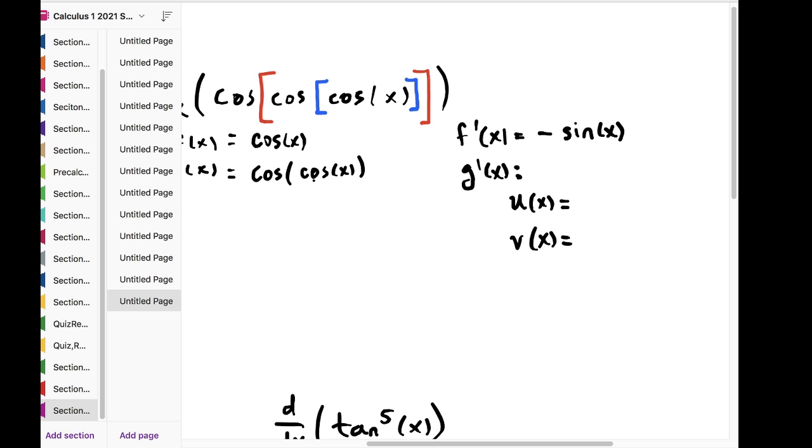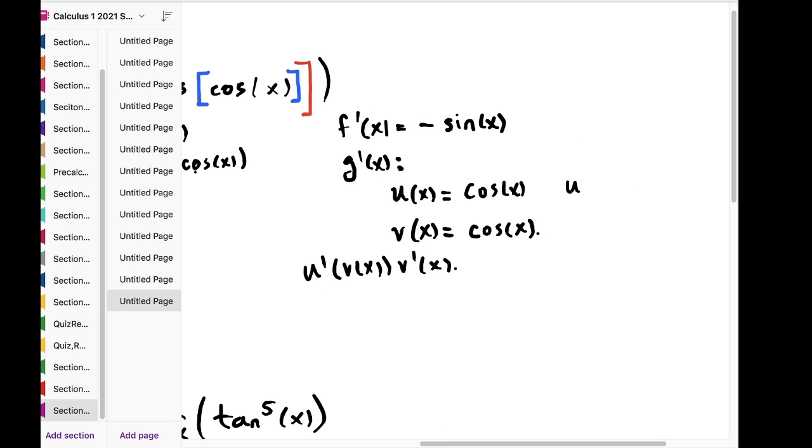There's not much choice, right? It's cosine and cosine. So u prime is negative sine, and v prime is negative sine.